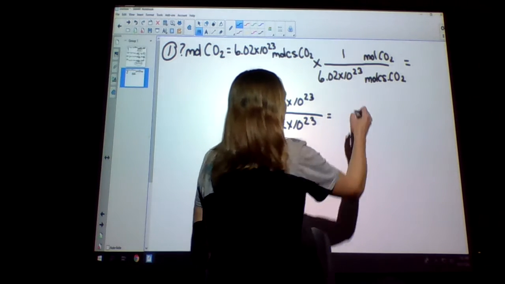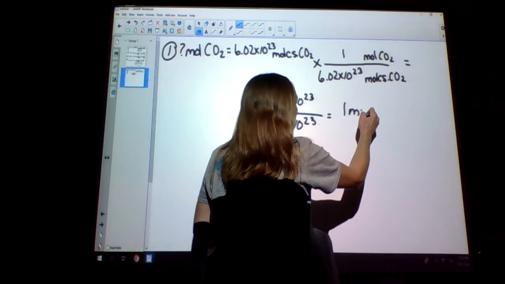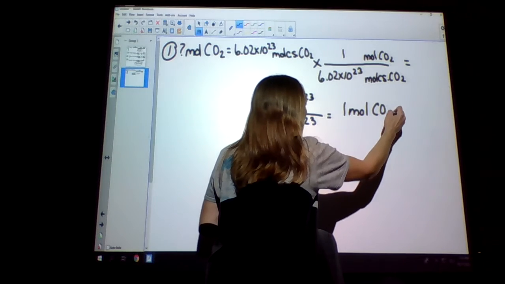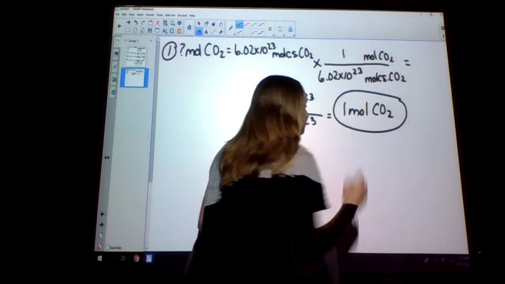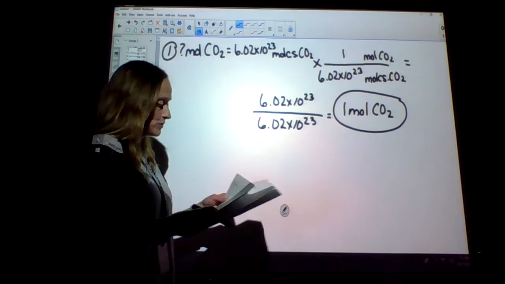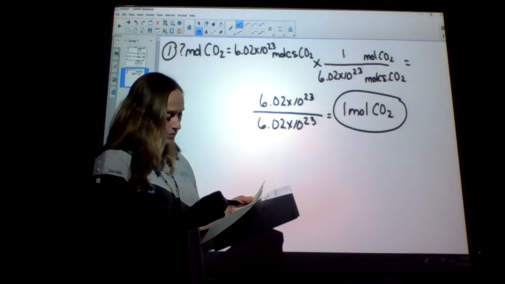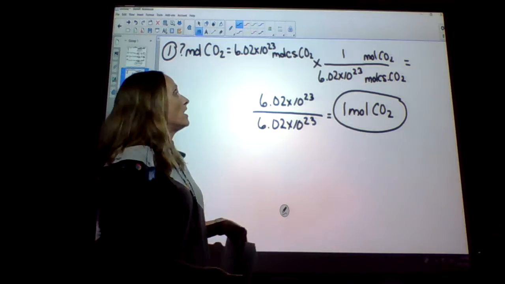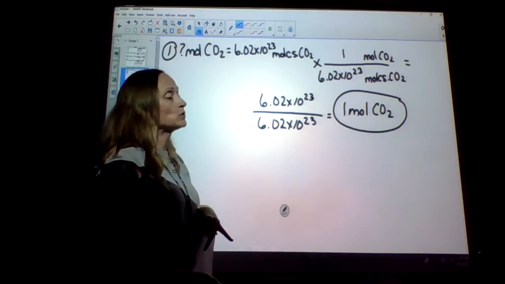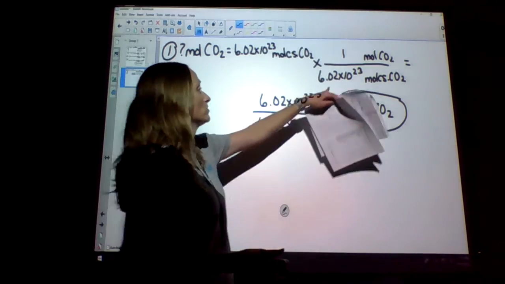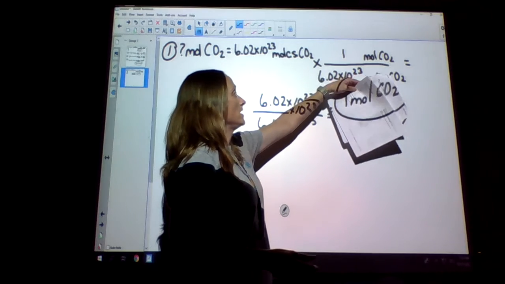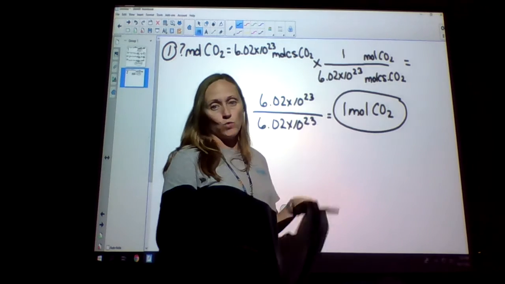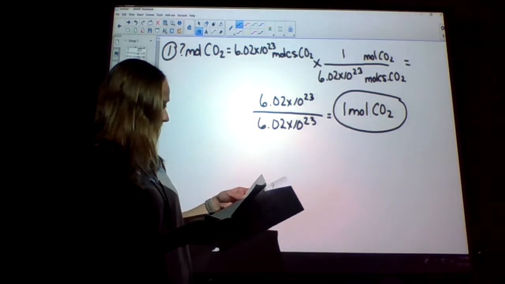And our answer is going to be 1 mole of CO2. So number 1 will be a model for 2 through 5. They'll be set up and solved the same way. You'll just have a different number of molecules that you're starting with, but you'll still use the Avogadro's number and 1 mole for your equality to solve.